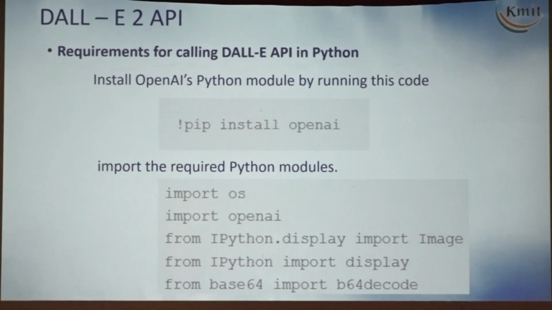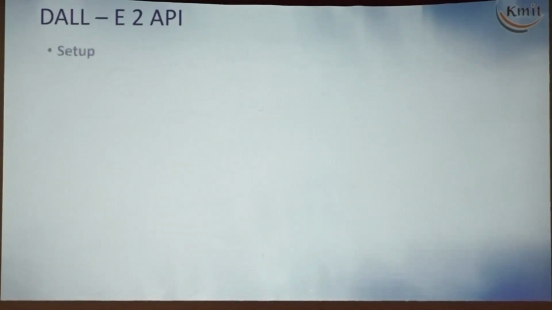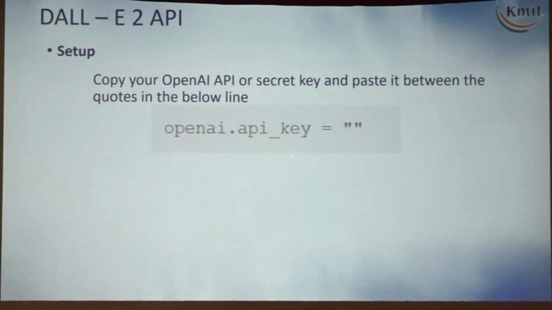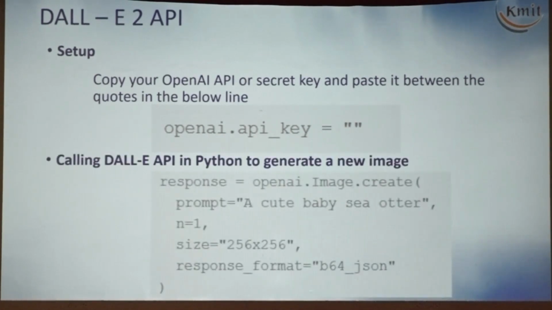And then, how can we set up the openai.api_key? We have to give the key. If you pay the amount, then you will get the key. The key has to be given. Then we have to call the DALL-E API, that is openai.Image.create.